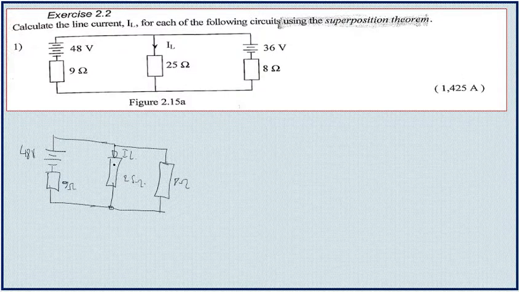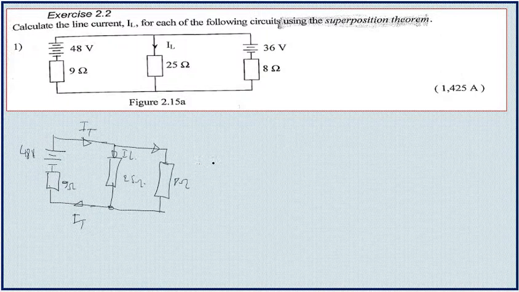We first need to determine the total current. The total current is the same as that one, and at that point the current is split into two branches: the first current flows in the 25 ohm resistor, and the second through the 8 ohm resistance.